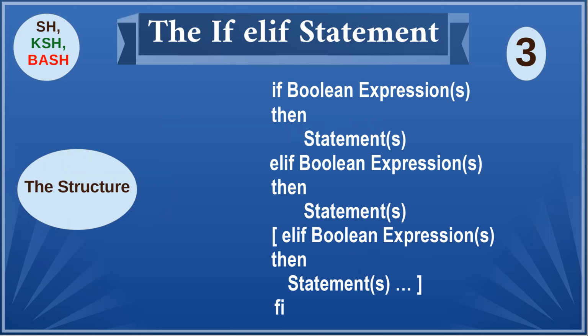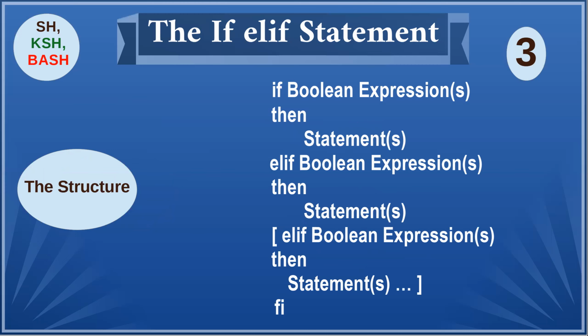There's also a syntax of the elif statement. The elif statement is similar to the else if, but it is more comparison, more Boolean expression. So if Boolean expression is true, then you execute those statements.